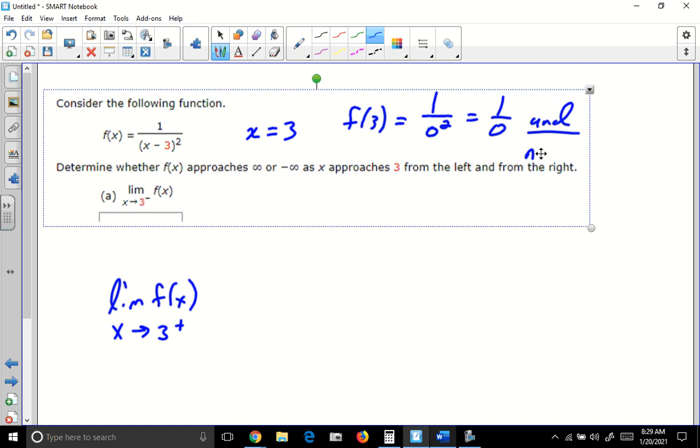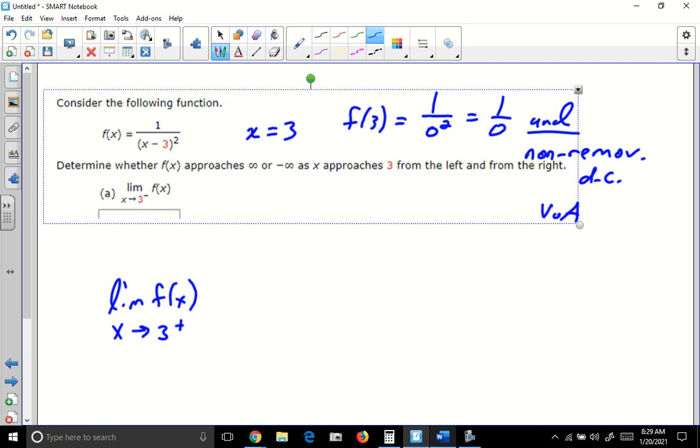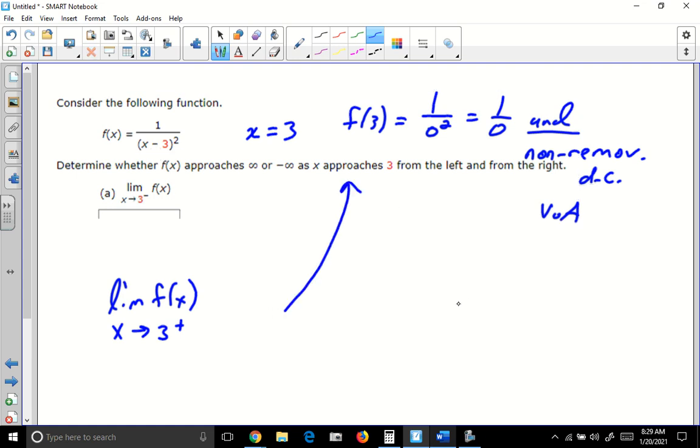So x equals 3 is a non-removable discontinuity, and that's a vertical asymptote. So as we get closer and closer to 3, we would expect our graph to go either up to positive infinity or down to -infinity.